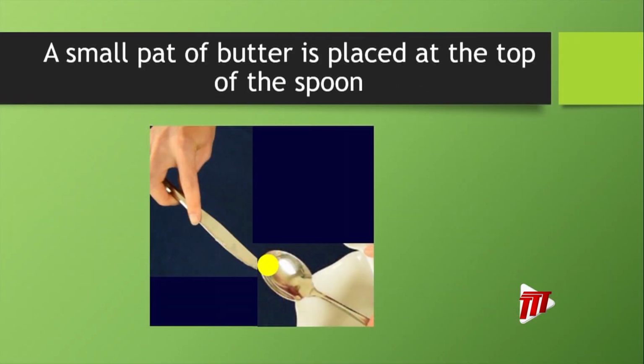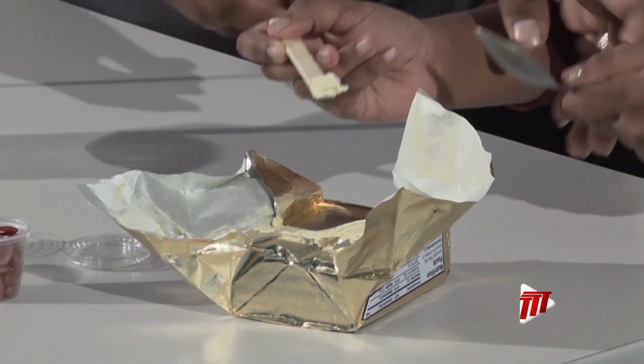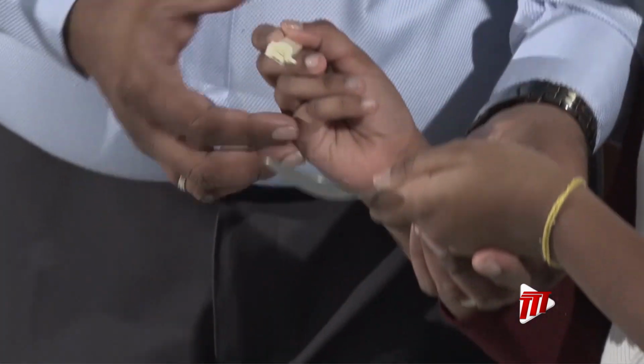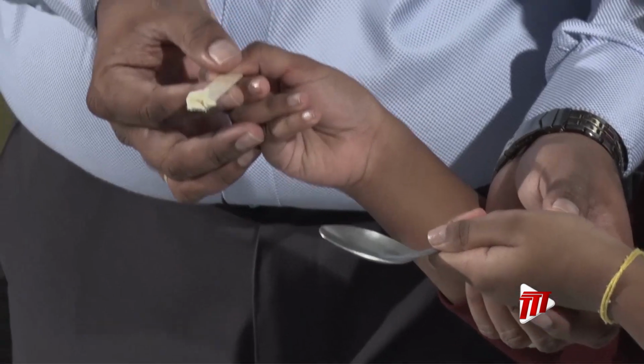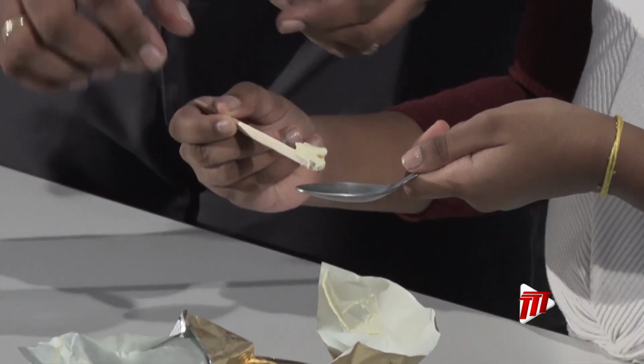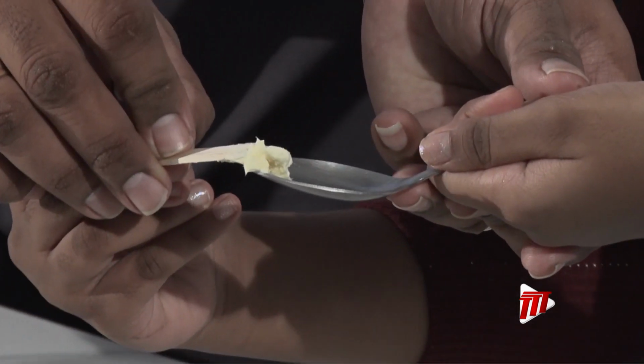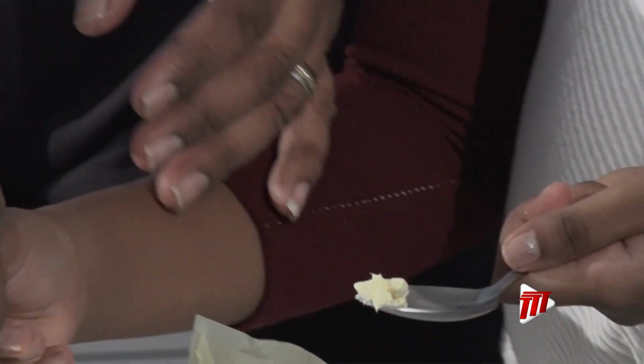So let's see what we have. A small pat of butter is placed at the top of the spoon. So we have the metal spoon and the butter. Let's take a little bit more. Scoop it. Put it back.